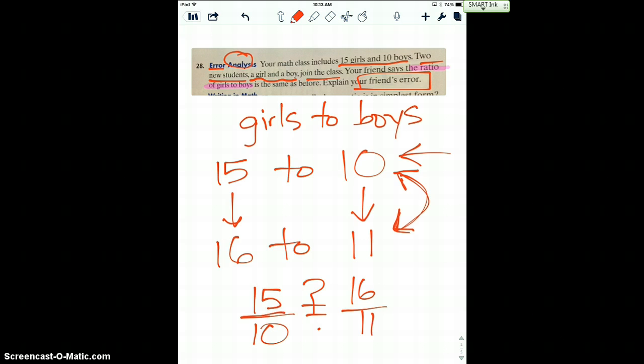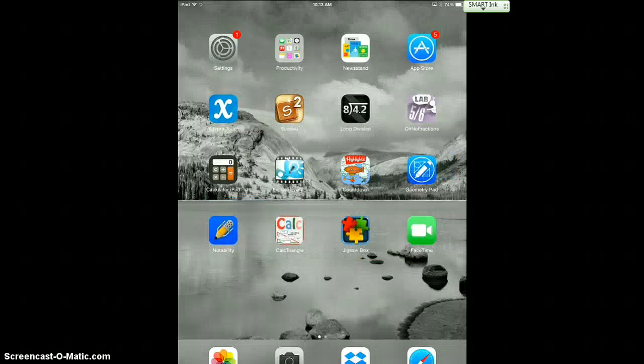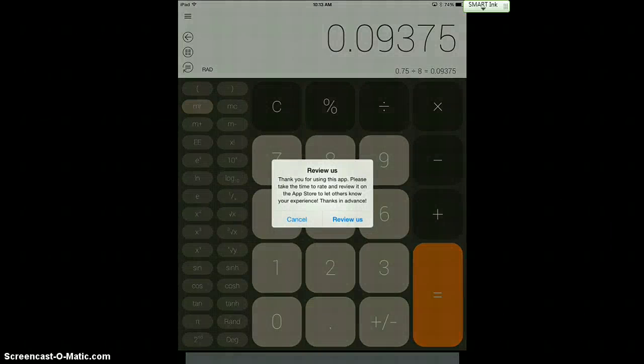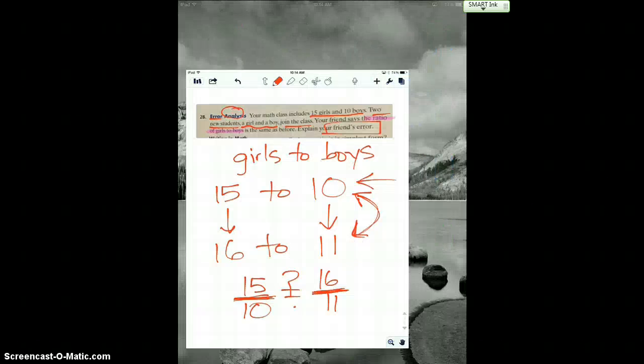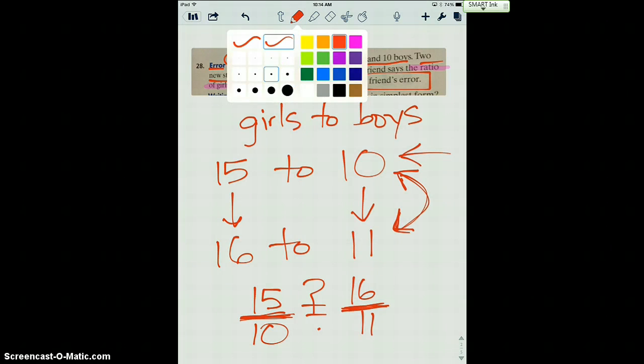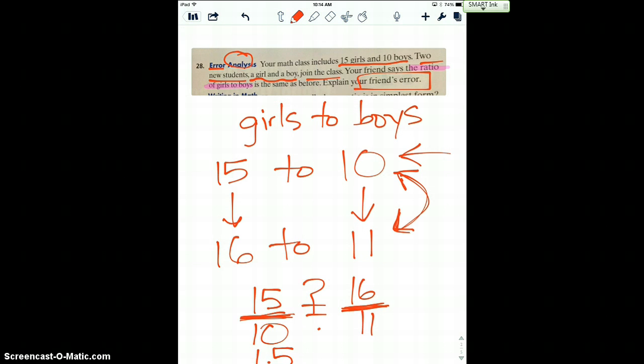For me, I'm going to actually divide and get that number. You guys feel free to use a calculator in these problems. 15 divided by 10. I'm going to use my calculator. 15 divided by 10 is 1.5. So I'm going to write that in. Is that the same as 16 divided by 11?